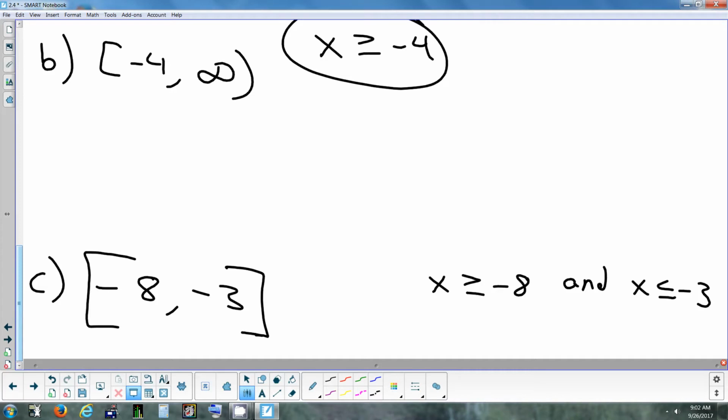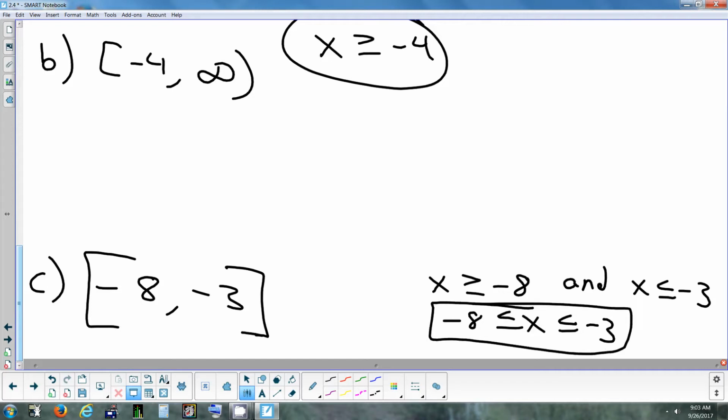Yep, that works. Can anybody take what she said and combine that into one inequality? But that is correct. -8 is less than or equal to x, and x is less than or equal to -3. Yeah. Perfect.